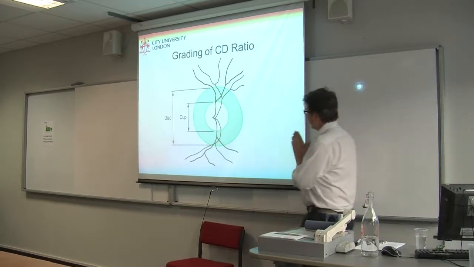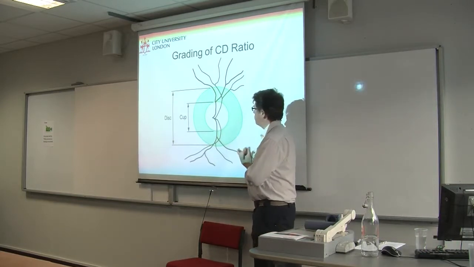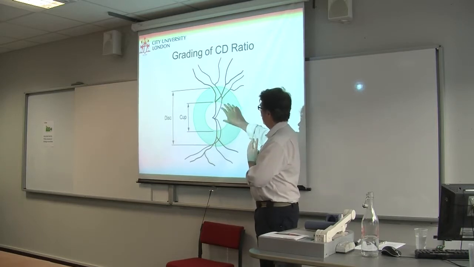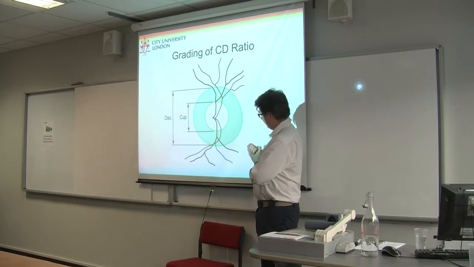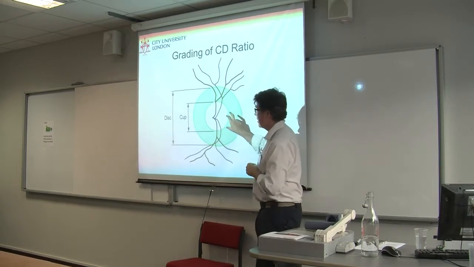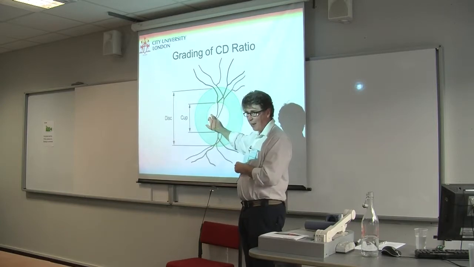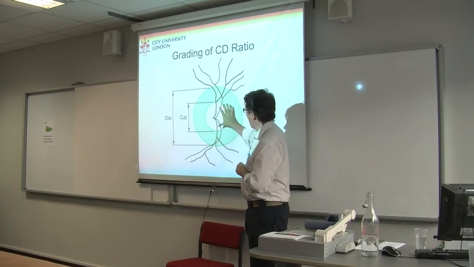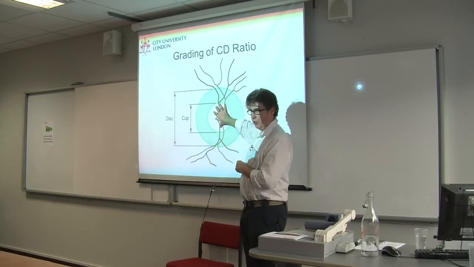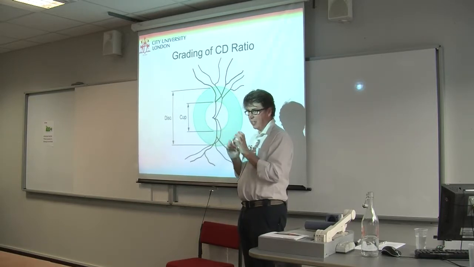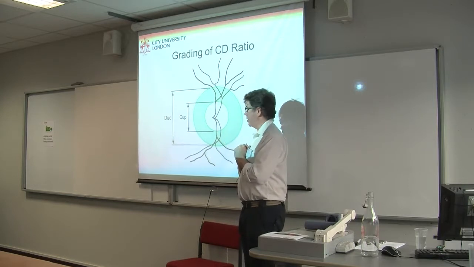Now, the grading accuracy, the one that's probably most relevant to this, is a measure of what's called the cup to disc ratio. We'll look at this in more detail in a sec, but the cup is the central, usually pale area, and what they need to do is to estimate this central circle as a fraction of the overall size. So it's essentially two concentric circles.